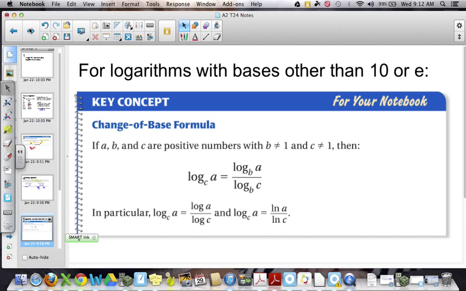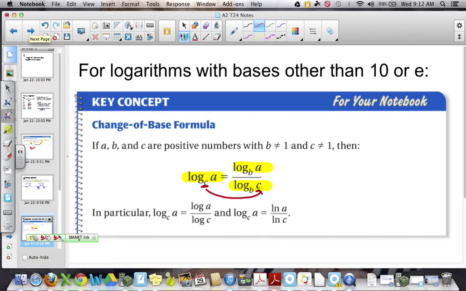Now, if we have a logarithm with a base other than 10 or e, we can use something called the change of base formula. The change of base formula says that if you have the log base c of a, you can rewrite it as the log base b of a divided by the log base b of c. Notice how the base ends up in the bottom.